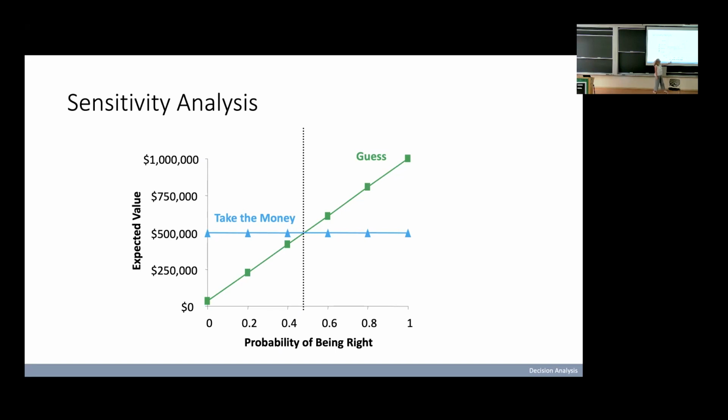If you guess, the more confident you are, or the higher your probability of guessing correctly is, the greater your expected value, and there'll be a point where the two cross, so you will have a threshold there. And that threshold in this case is 0.48. So if your probability of being correct is at least 0.48, you should guess. If it's smaller than that, you should just go and take the money.